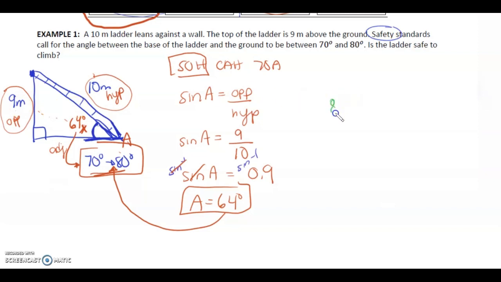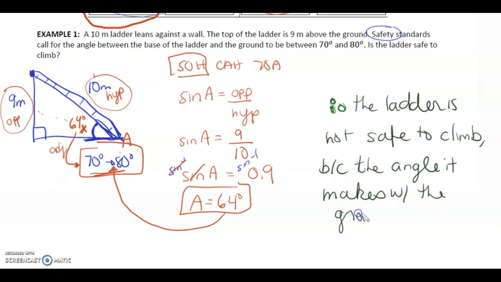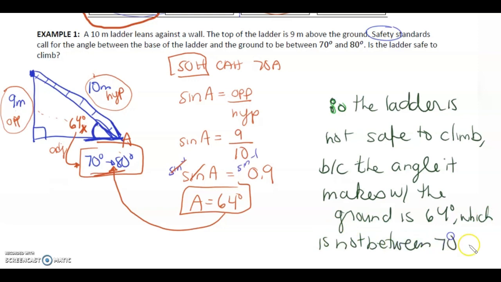No. So therefore, the ladder is not safe to climb because the angle it makes with the ground is 64 degrees, which is not between 70 to 80 degrees.